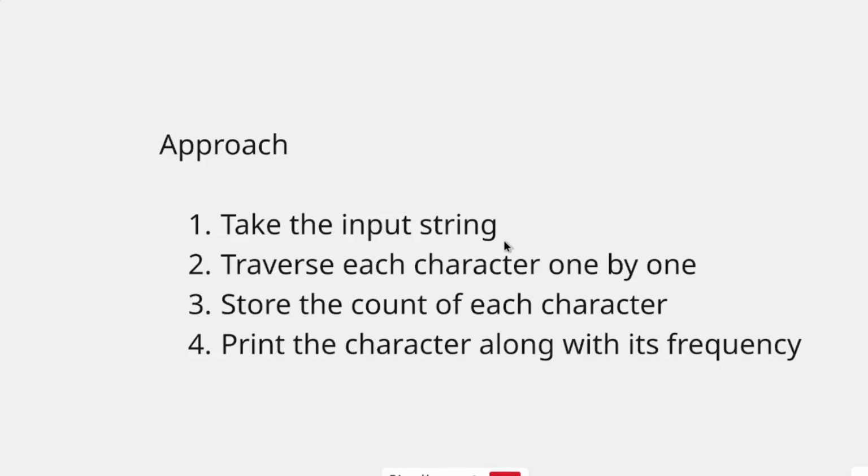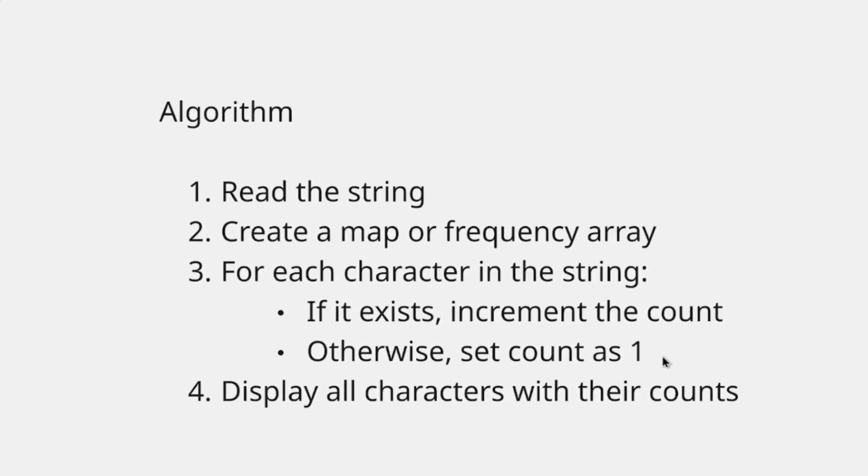Take the input as a string, traverse each character one by one, store the count of each character, and print the character along with its frequency. So here is the algorithm, and it is very simple. First, read the input string and create a map or a frequency array to store the character counts.